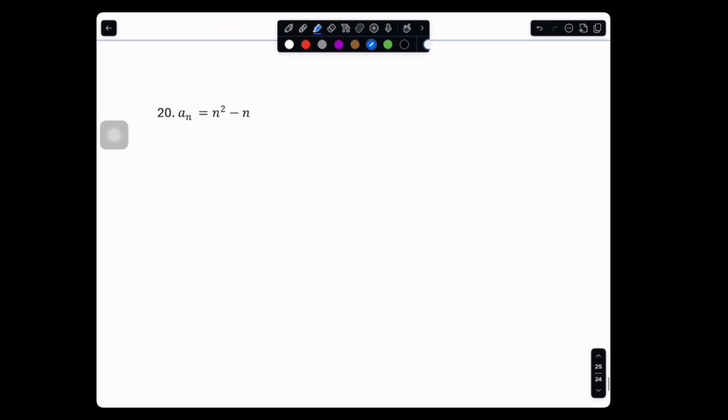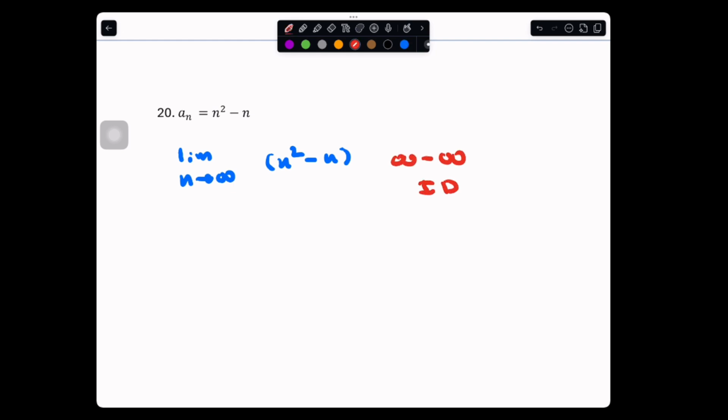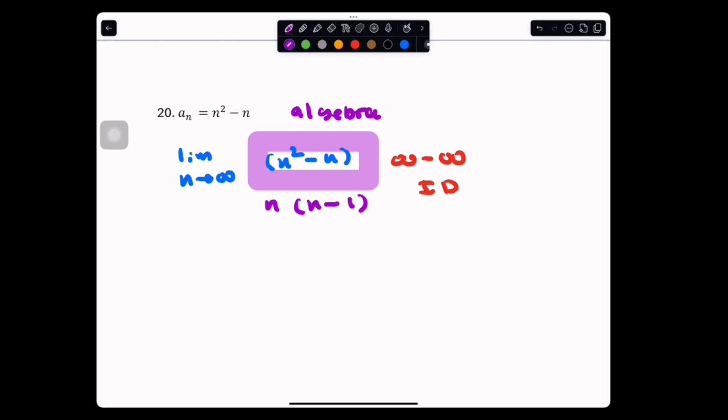And then finally, n squared minus n for number 20. We look at the limit now. As n goes to infinity, n squared minus n is an indeterminate difference. So we're going to get to use algebra, calculus 1. So factor out your n, and we get n minus 1 here.